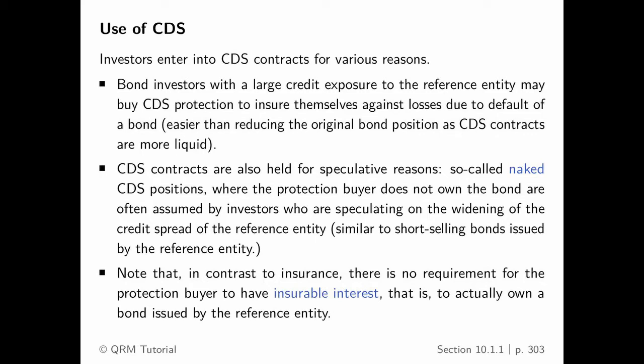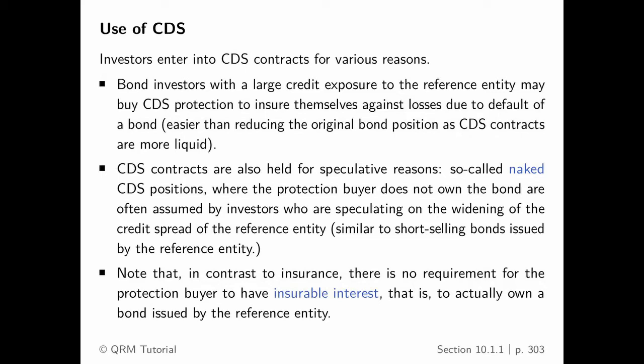So, just one more slide on the CDS. Why on earth do these things exist? Well, to begin with, it was about protection. It was about hedging exposure to large credit risk. An investor in bonds with a very large exposure to a particular company may genuinely worry about the credit risk. What they could do is reduce the bond holding, or sell out of that bond completely.